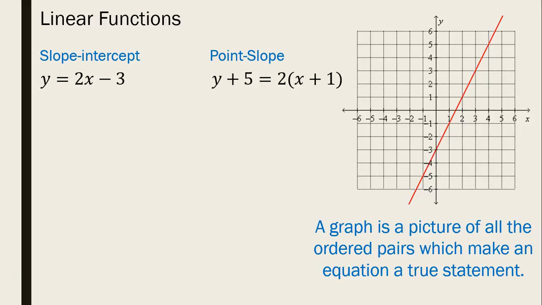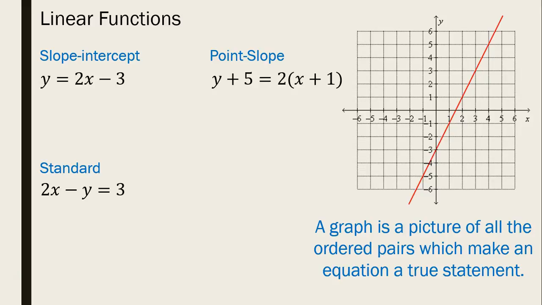That equation would look a little bit different if we chose a different point to use in our equation. And we can also write the equation of a line in standard form. For this line, standard form would be 2x minus y equals 3.